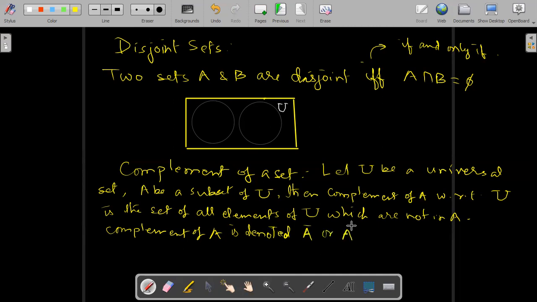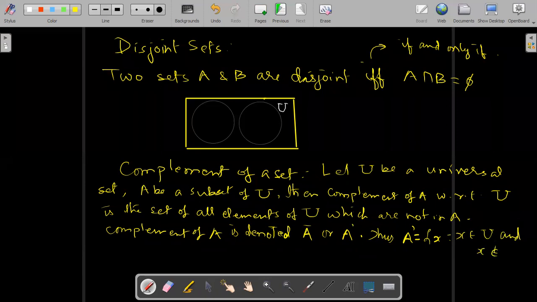Generally we use A dash. It is very important. Okay. And we define A dash, the complement of A, as the set of all elements x such that x belongs to the universal set and x does not belong to A.